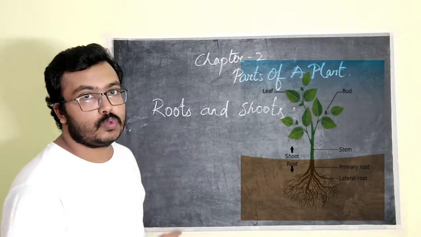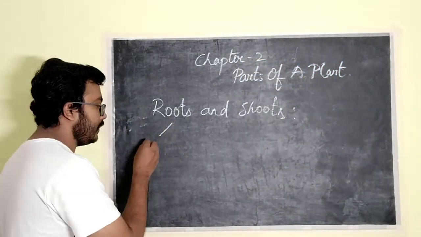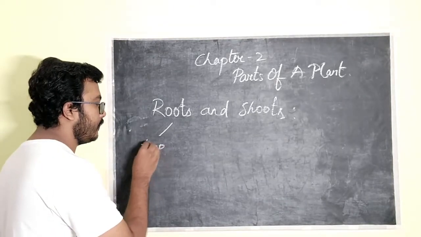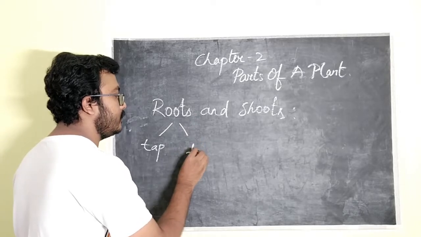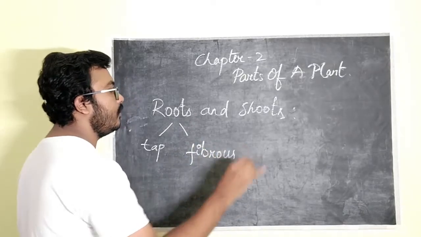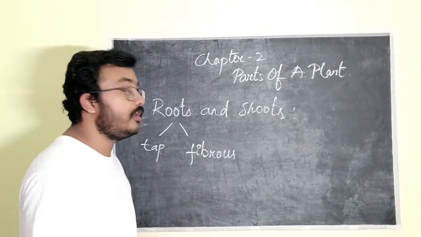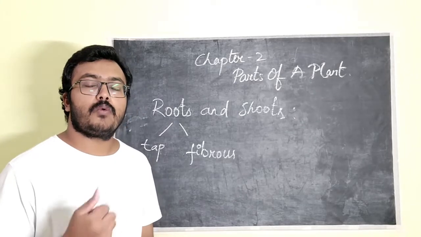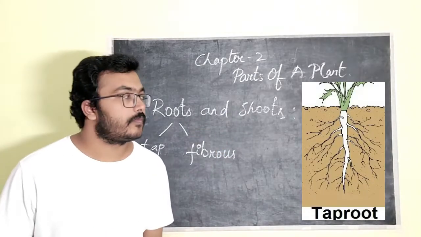Now when we talk about root, there are two kinds. Number one, taproot, and the second type is called fibrous root. Now what is a taproot? Just look at the image.